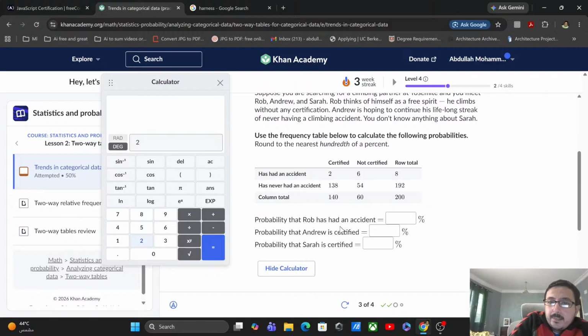Probability that Rob has had an accident: 2 out of 8, 25.